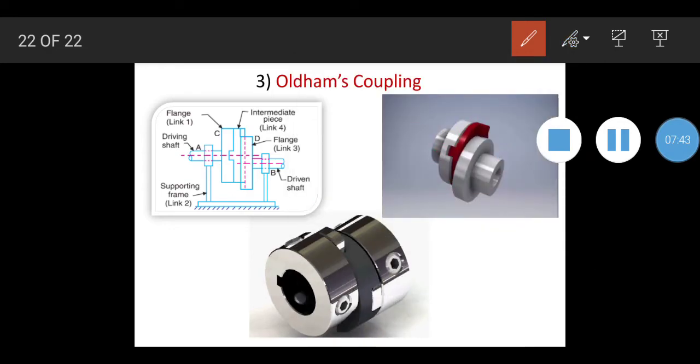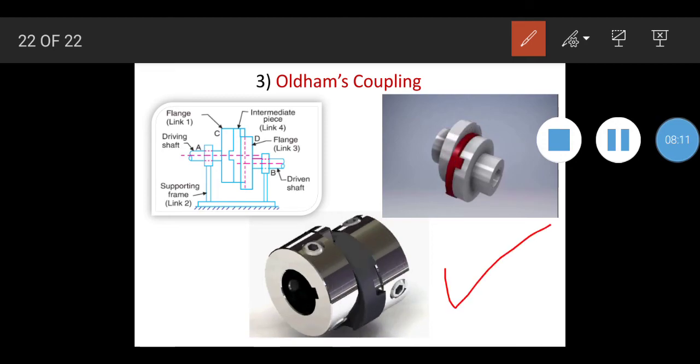From this arrangement we can see how the motion is transmitted from the first shaft to the second shaft using the flanges. The first flange meshes with the second flange through this red block, and from this third diagram we can clearly see how this mechanism is used in real life.